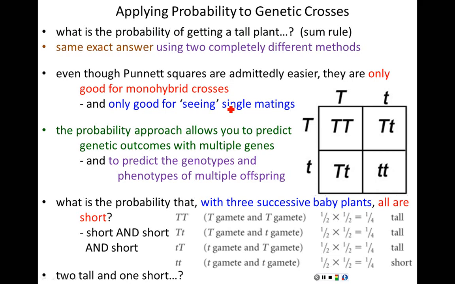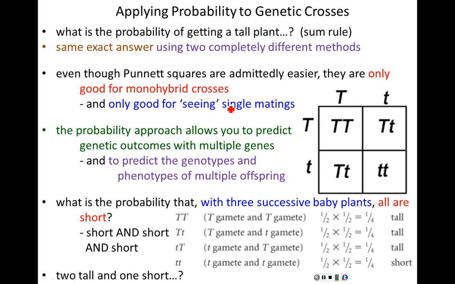Now I ask you another question. What's the probability that, given 3 successive matings and 3 successive baby plants, 2 are tall and 1 is short? We could do that problem, but the answer is not 1 over 64. Because once we go to different phenotypes, and I don't give you the order, it could be the first one's tall, the second one's tall, the third one's short. Could be the first one's short, the second one's tall, the third one's tall.